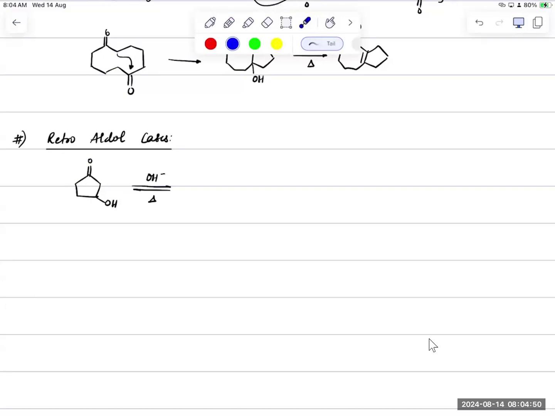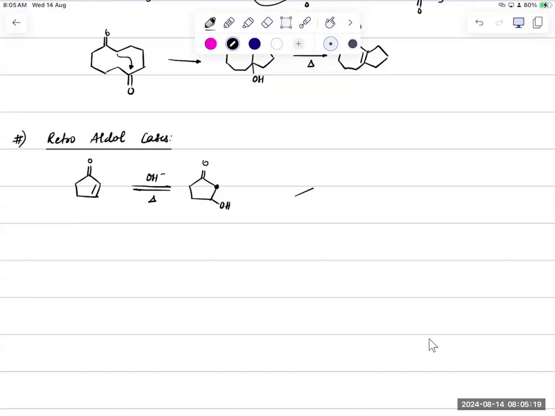So first this will be given. First always try to write the alcohol part of it. OH will be given here like this. And then try to break the bond, because where the alcohol is formed, possibly that is where the connection has been established. So from this carbon onwards, you start making a straight chain.